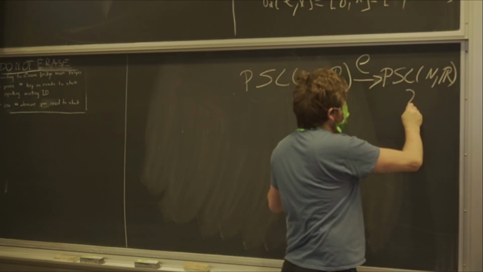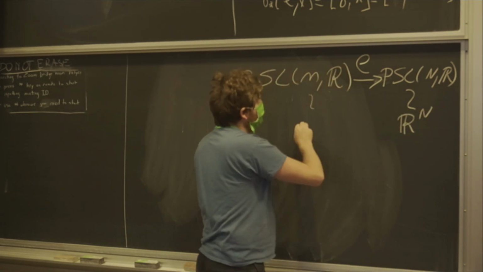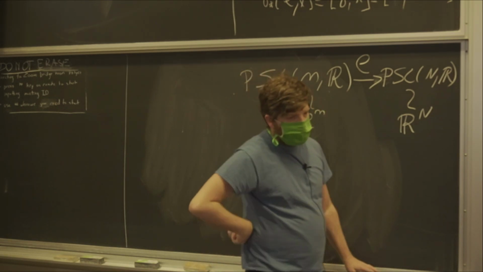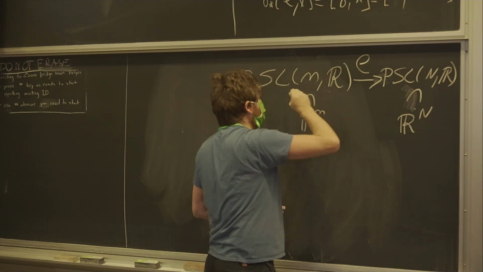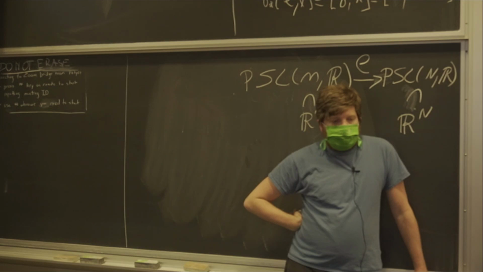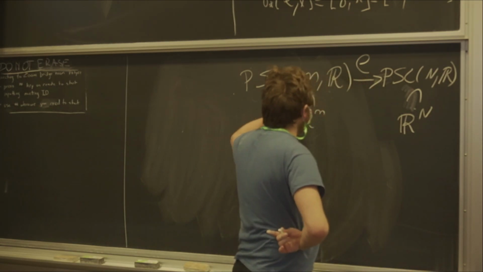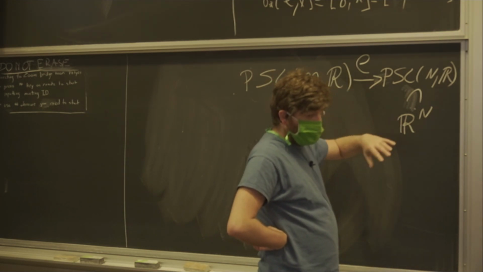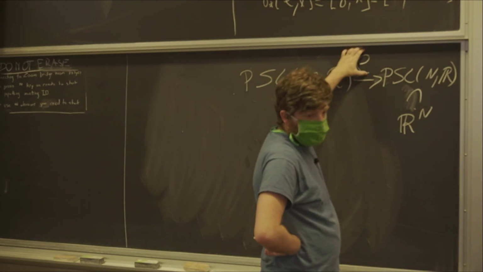This is naturally identified as a subset of R to the N. This is naturally identified as a subset of R to the N. And then you can show, again not too hard, because these representations are all classified by Lie theory, so you have to go to your Lie group course, that these are polynomial.